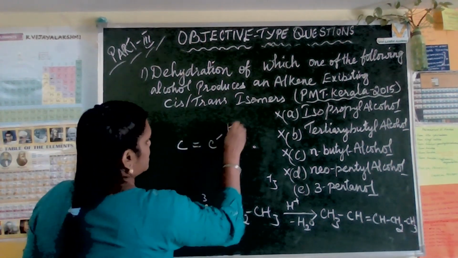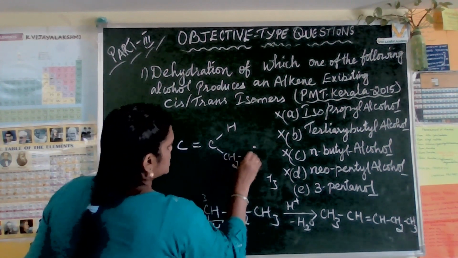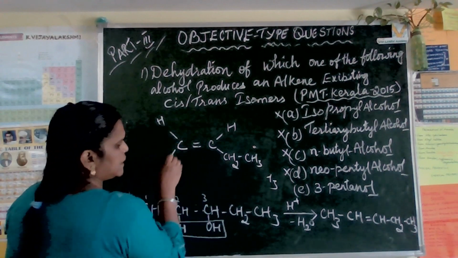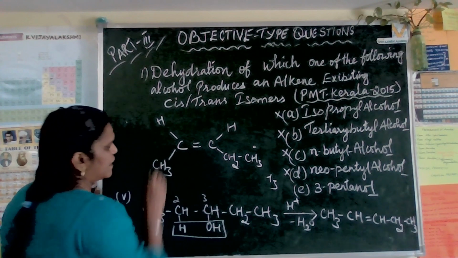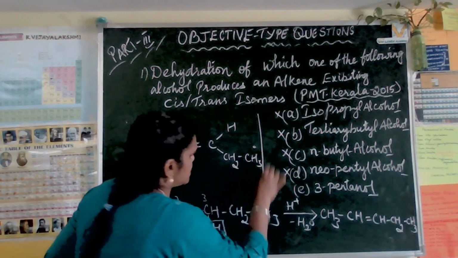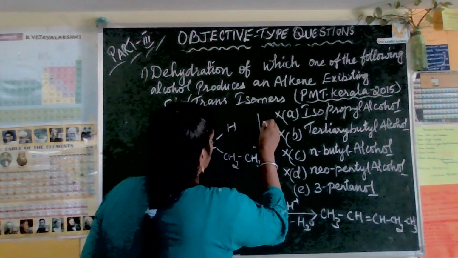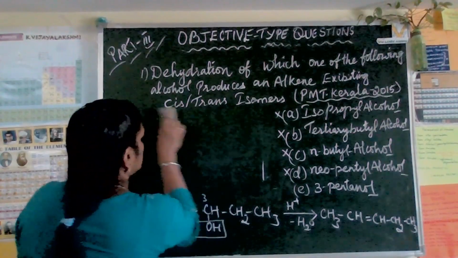This side hydrogen, this side CH2, CH3. The same way here, hydrogen, here CH3. Now just to the opposite side. For example, here opposite side, here CH3. I just put it small so that it will be easy.